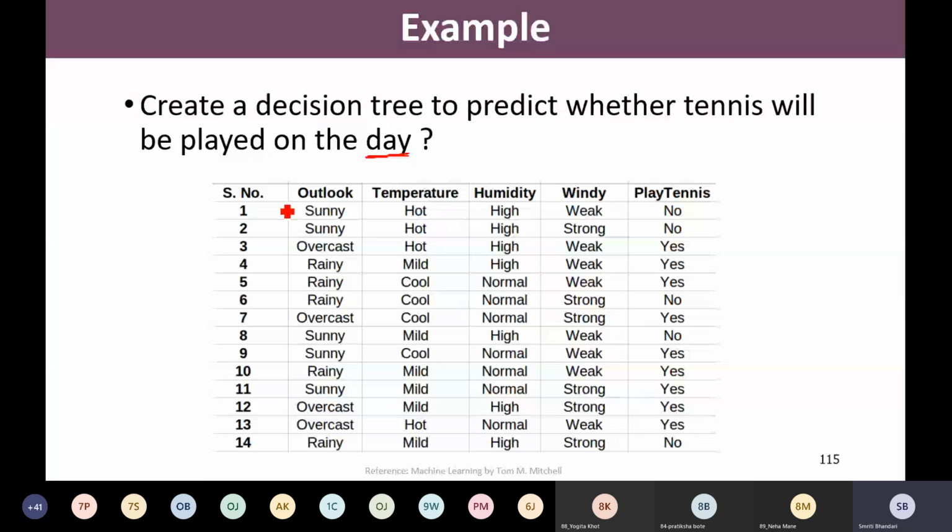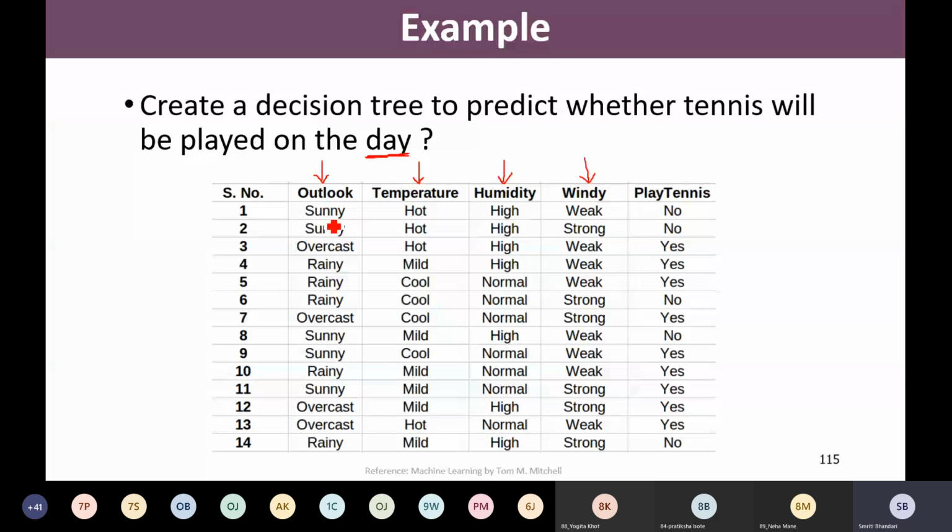In our data set, we have 4 features. What are those 4 features? We have the features outlook, temperature of the day, humidity, and one more attribute, windy. This will let us know whether there is a strong wind on the day or the wind is weak.